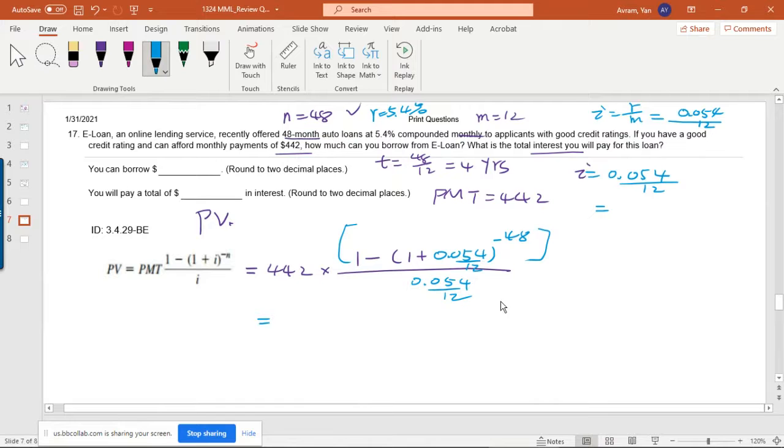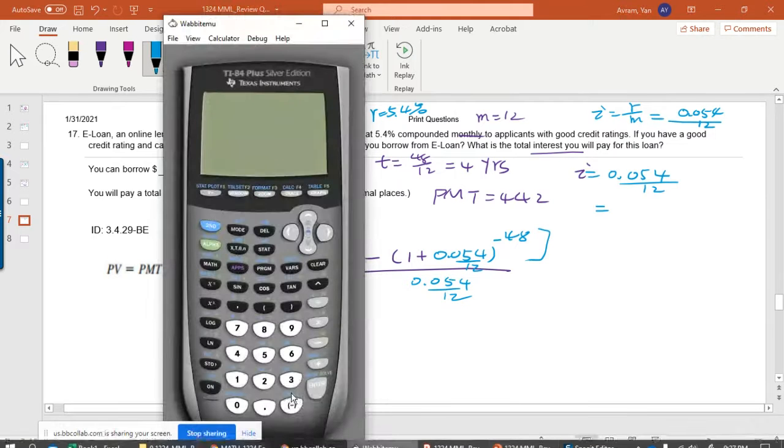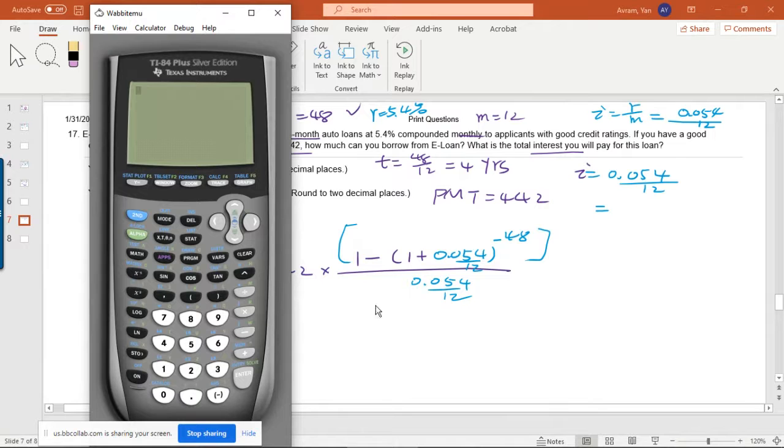All right, so the calculation is pretty much similar. We can just put this one in here. Just have to be very careful when I calculate the numerator. It's 1 minus parenthesis 1 plus, and then this to the negative power of, oh, so that's why I say I have to be very careful. I'm going to just calculate 1 plus 0.054 divided by 12 first, inside the parenthesis, and then to the power of negative 48 in here.